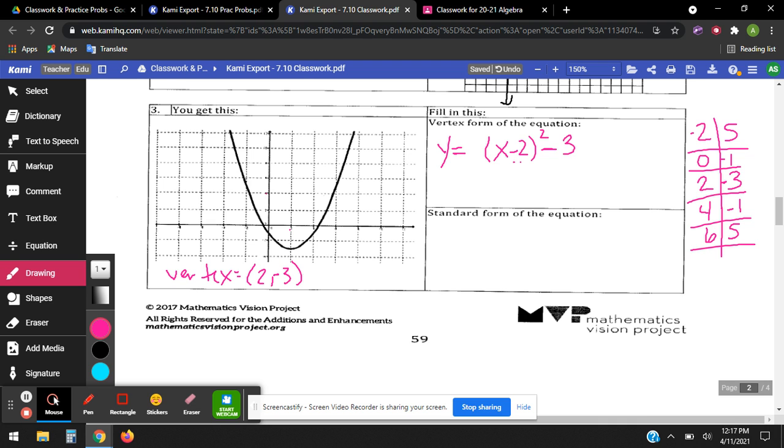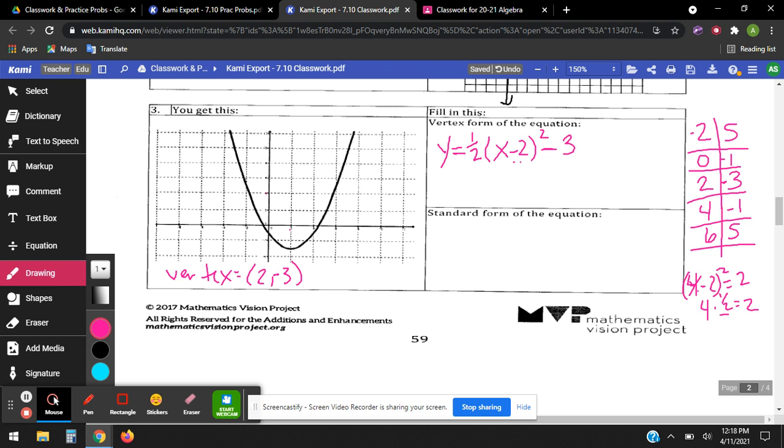But if I have a -1 and I have to subtract 3 to get there, then 4 minus 2 squared needs to equal 2. So 2 squared is 4 times what equals 2? Well, a half. So let's put a half in here.